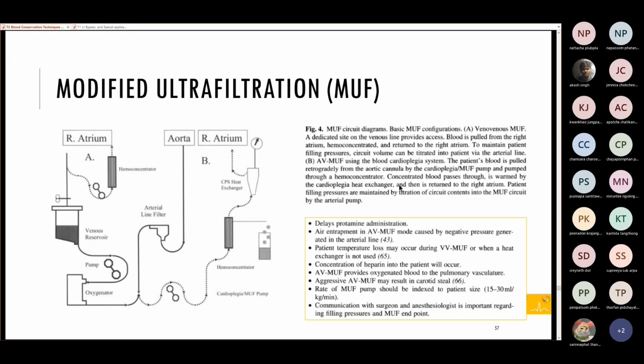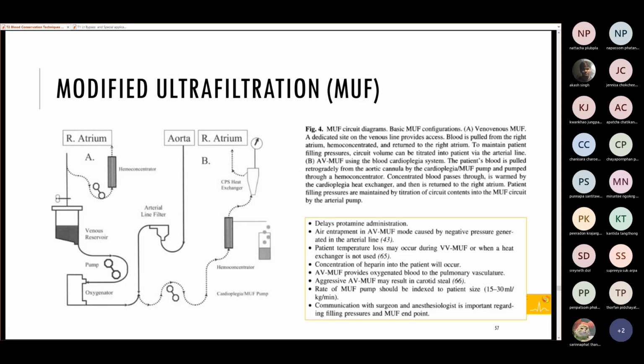So you can see AV MUF and VV MUF are separate procedures. So when you read this slide, keep in mind that they are separate procedures. So here is what we need to be concerned about to do the MUF.